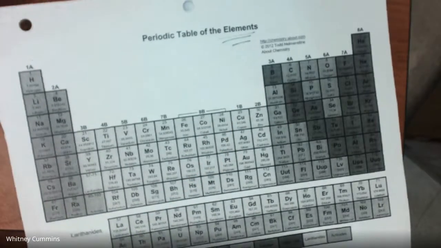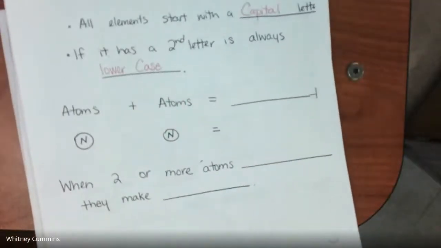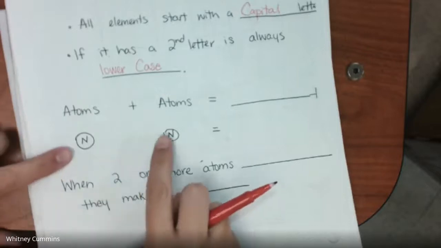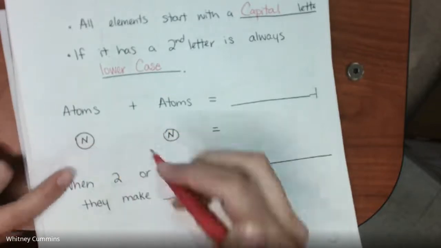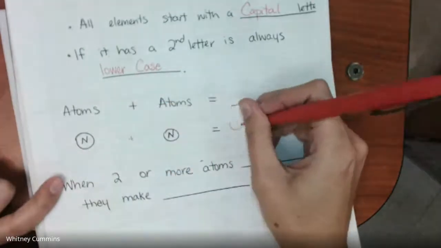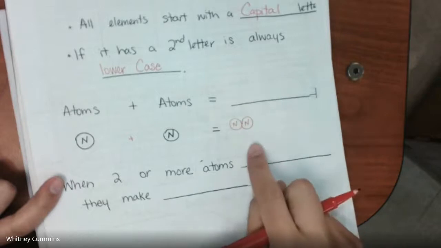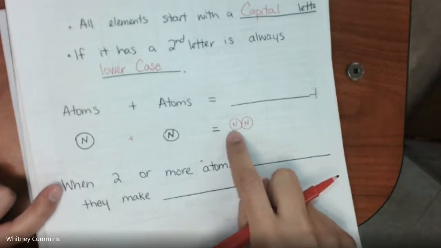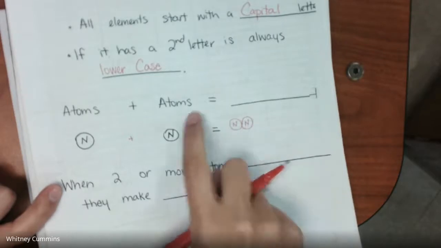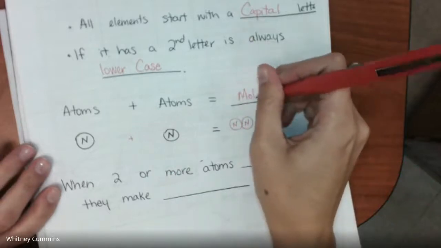So when atoms who are hanging out by themselves start combining with other atoms, we get new things. Here I'm showing you that they're combining. Now, the symbol is a capital letter, so I have to make sure that I'm using a capital letter. When you have atoms joining with other atoms, we get these things called molecules.